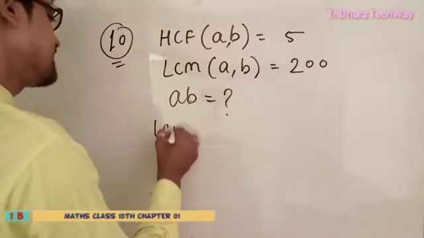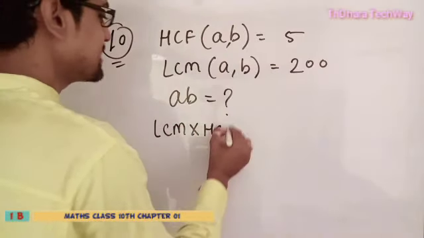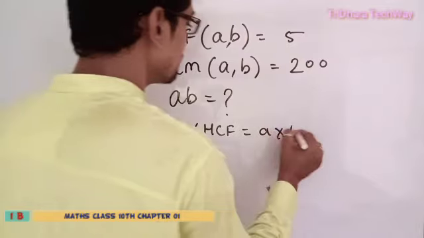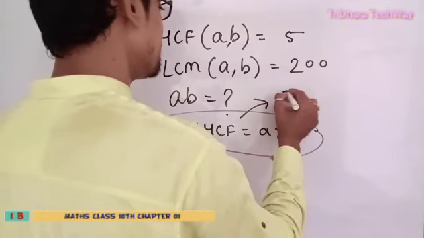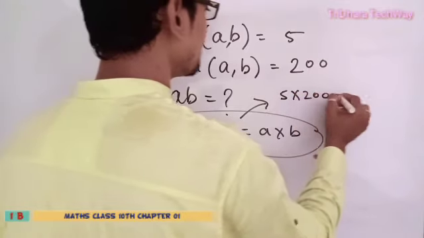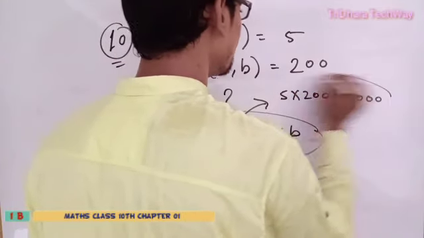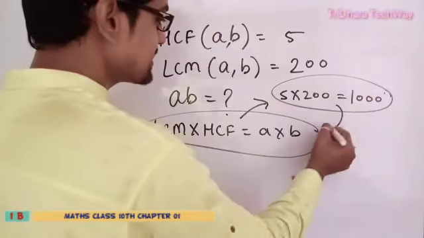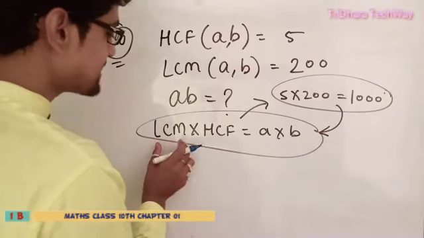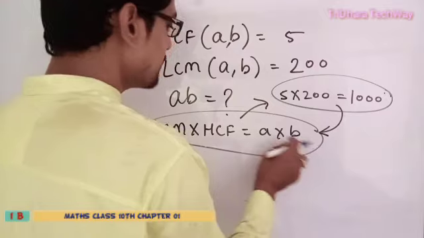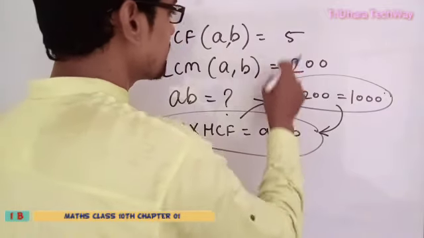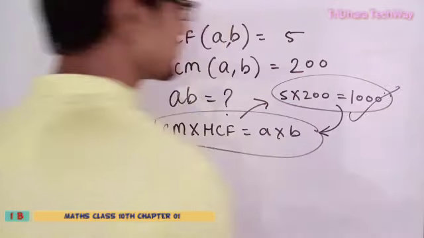It is very easy. You know LCM into HCF is equal to A into B. Now LCM into HCF, if you do 5 into 200, it comes 1000. And this is equal to A into B because the value of LCM into HCF gives the value of A into B, first number into second number. Then this is the correct answer.